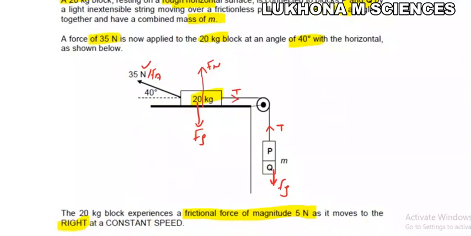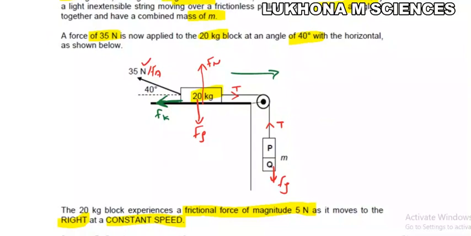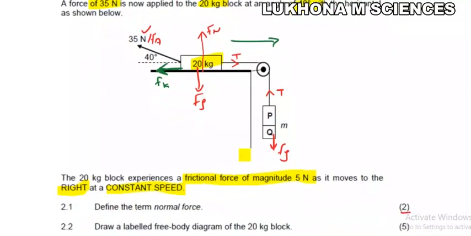What does that mean? If the 20 kg moves to the right, meaning that the friction is going to the left, because friction opposes the motion of an object. At constant speed, which means there is no change in speed, the rate at which speed changes is equal to 0.